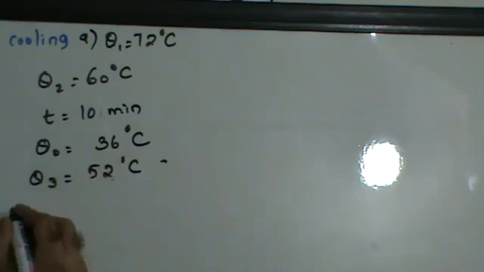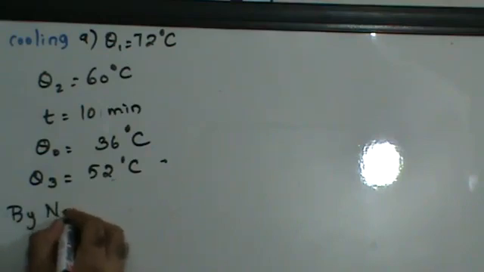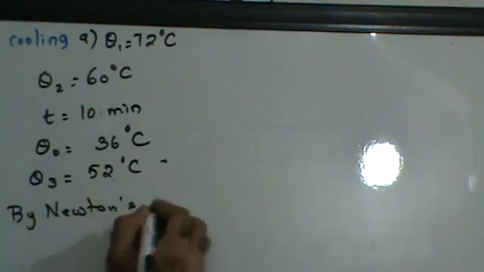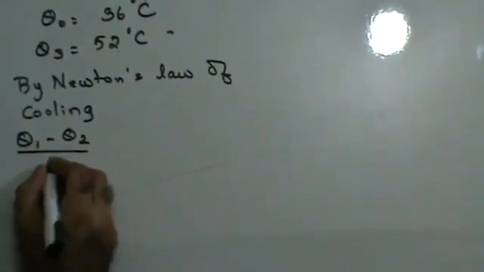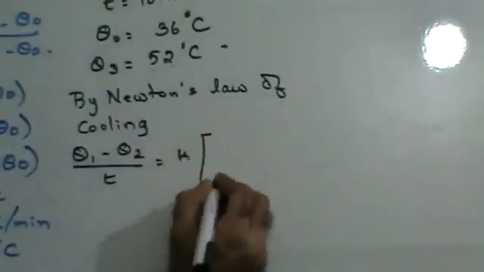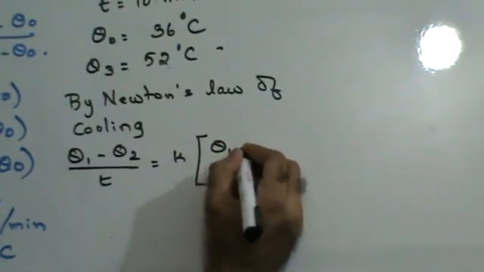Now let's see this. Apply Newton's law of cooling. The first thing they've said is that the body cools from 72 to 60. So the rate of cooling will be equal to K times the average temperature of the body over the surrounding.